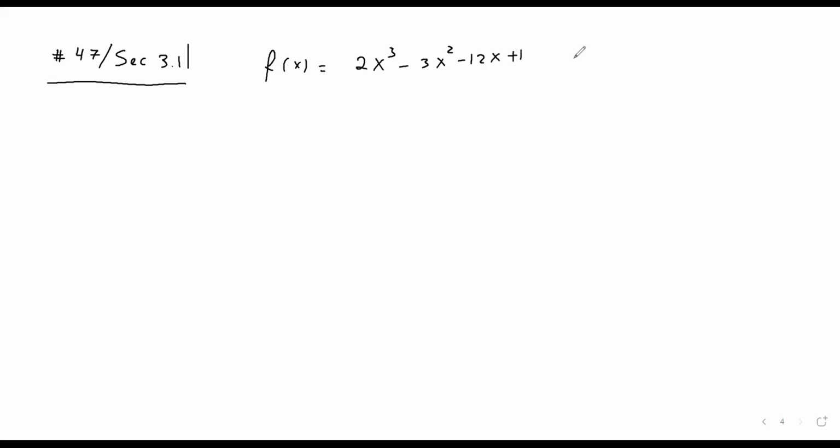Let's add one more page, and that is question 47 of section 3.1, obviously, and f of x is equal to 2x cubed minus 3x squared minus 12x plus 1. And we want x in the interval -2, 3.